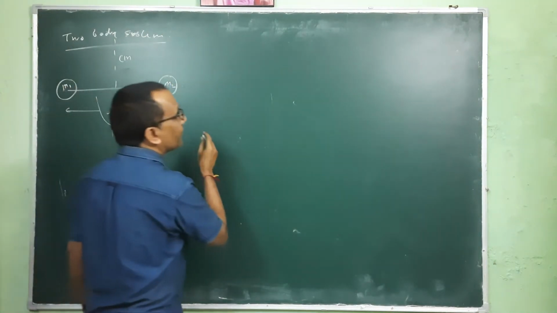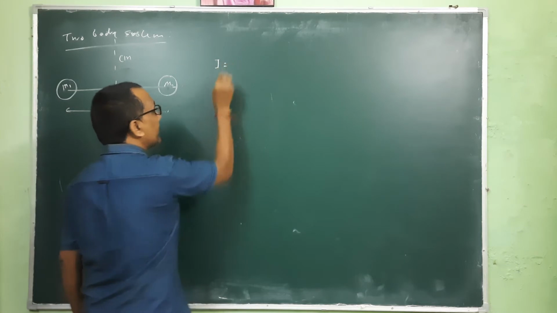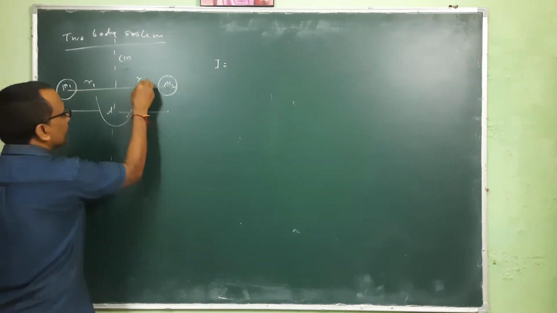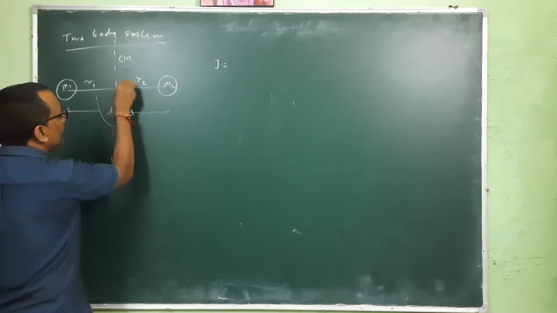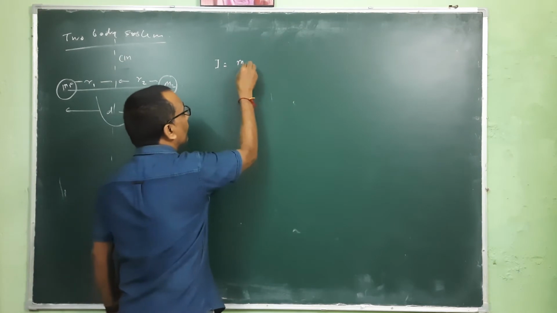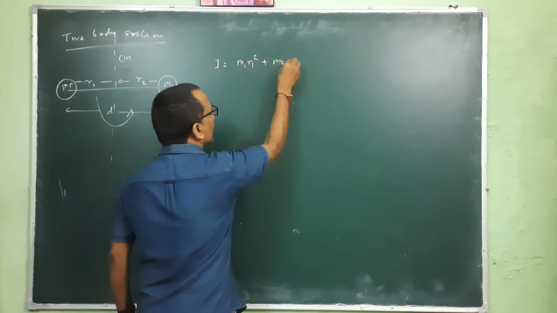As far as the definition of moment of inertia is concerned, this I is equivalent to, if this is r1 and this is r2, m1 r1 square plus m2 r2 square.